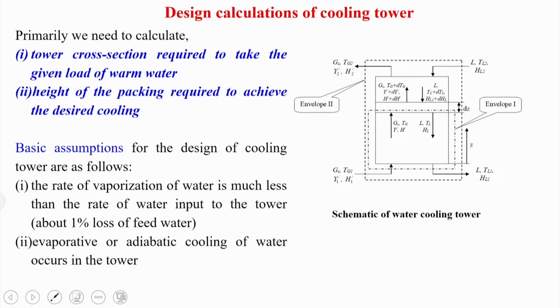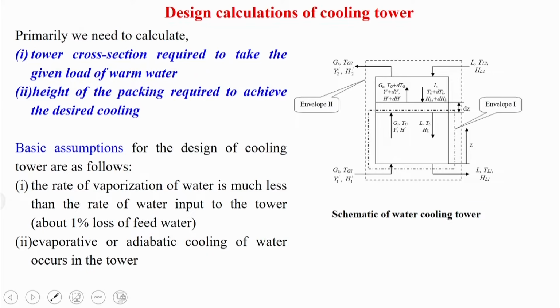First, the rate of evaporation of water is much less than the rate of water input to the tower. We assume that around 1% loss of the feed water takes place, and for that we will also discuss makeup water. The second is that evaporative or adiabatic cooling of the water occurs in the tower.